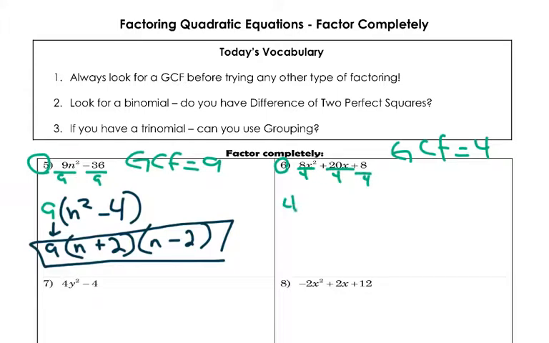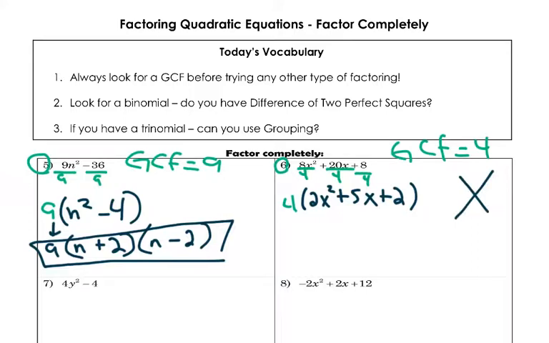And then I would be left with 4 times 2x squared plus 5x plus 2. And looking at this again, do I have a GCF? No. Is this a binomial? No. It is a trinomial, so then I could use the X box.